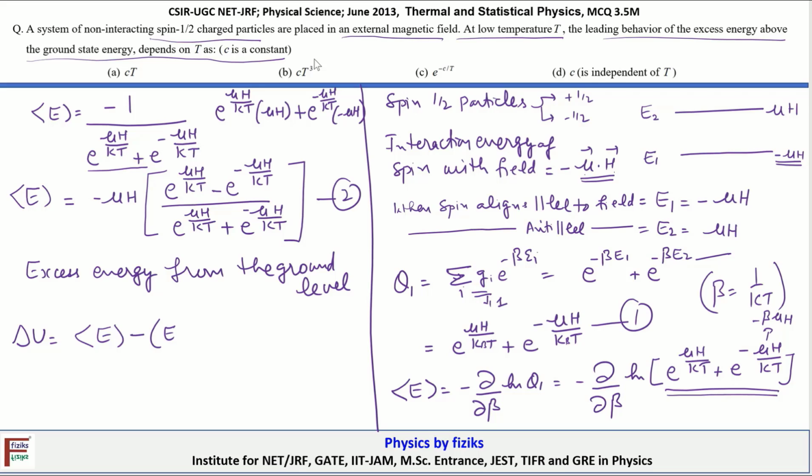So that is the average of E, which we just determined in equation 2, minus E1. E1 is minus mu H, so that means E plus mu H basically. Now substitute the value of E from equation 2 and let's see what we obtain.